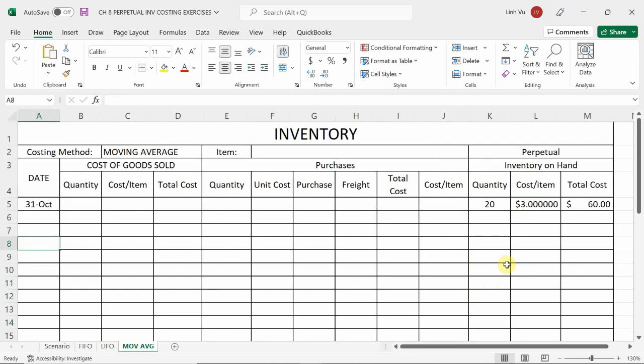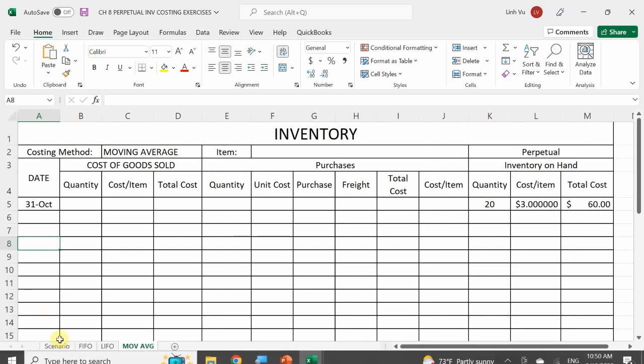So I have 20 units at $3 each, costing me a grand total of $60.